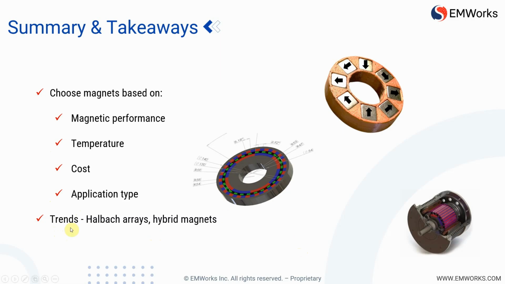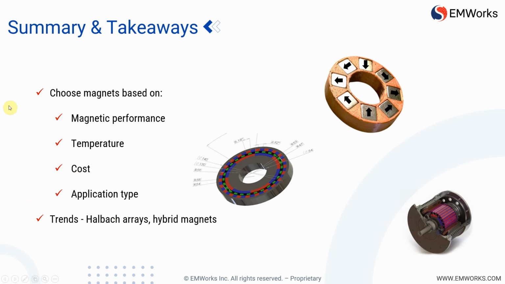We examined how shape, orientation, and thermal conditions influence performance and the importance of simulation tools in verifying magnetic behavior within complex systems. Ultimately, successful use of permanent magnets depends on harmonizing electromagnetic, thermal, mechanical, and economic constraints to meet specific application requirements.